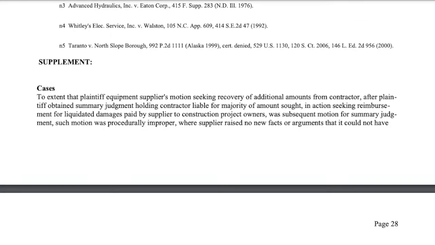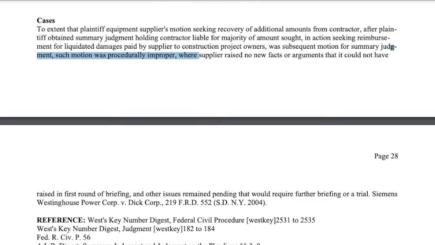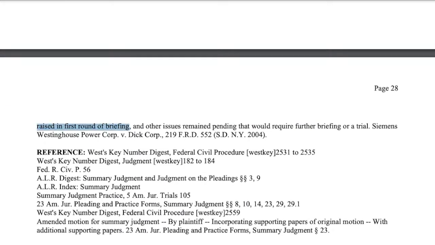Here are some cases. To the extent the plaintiff equipment supplier's motion seeking recovery of additional amounts from contractor after plaintiff obtains summary judgment holding contractor liable for majority of amount sought in action seeking reimbursement for liquidated damages paid by supplier to construction project owners, with subsequent motion for summary judgment, such motion was procedurally improper, where supplier raised no new facts or arguments that could not have been raised in a first round of briefing, and other issues remained pending that would require further briefing on trial.